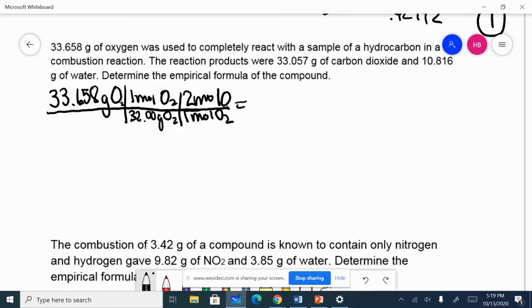So this is going to give me the fact that I have 2.1036 moles of oxygen atoms.